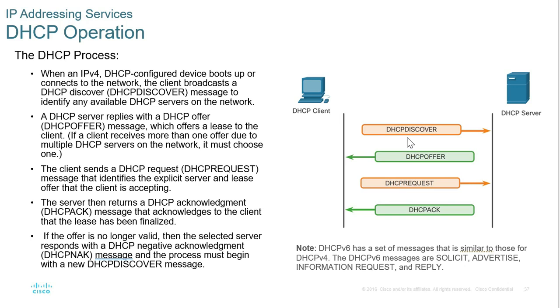DHCP messages are DORA: discover, offer, request and acknowledge. So at least on the surface you guys should know the process of DHCP operation. Okay, like DNS earlier, what is the process to resolve between the IP address and the domain name.